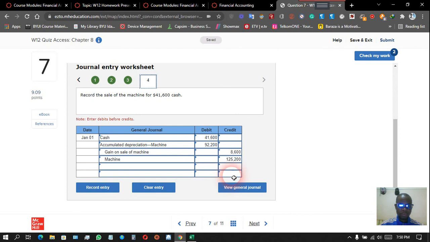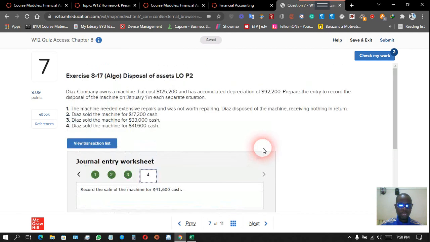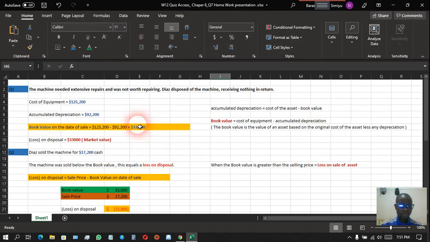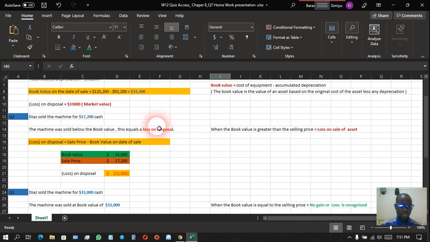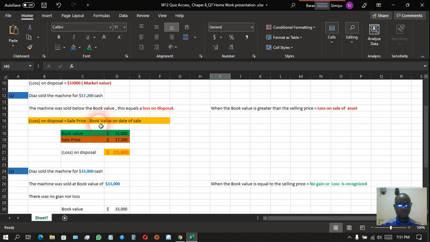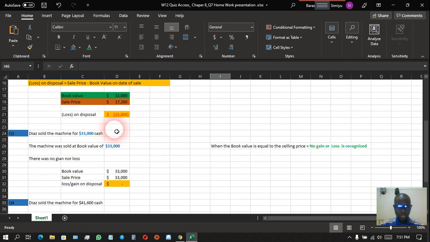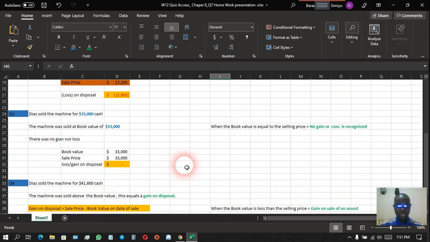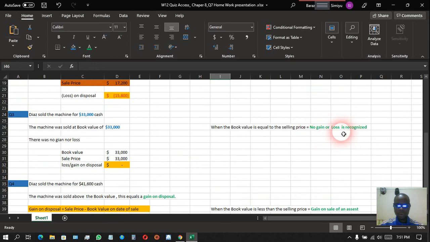So the most important thing in this question is to know how to calculate the book value by taking the cost of the equipment minus the accumulated depreciation, and also knowing when loss is recognized on disposal and when gain is also recognized on disposal, and lastly when there is no gain or loss recognized.